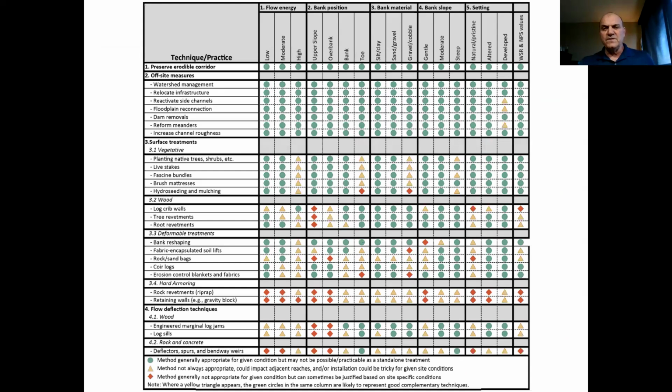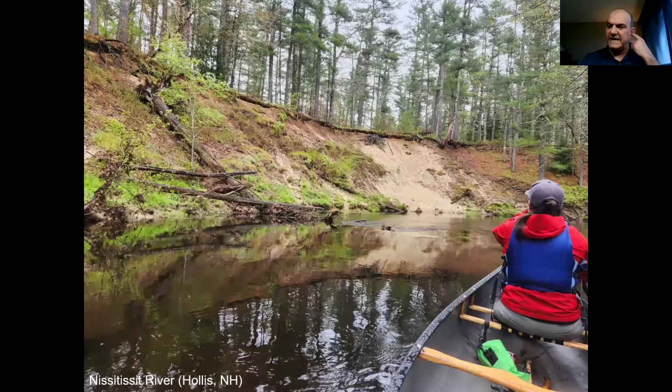If you have these available, you can keep them in mind as we go through a couple of examples of how we would use this to help us identify the need for stabilization and what we might do. Here's an example from the Nissitissit River in New Hampshire.